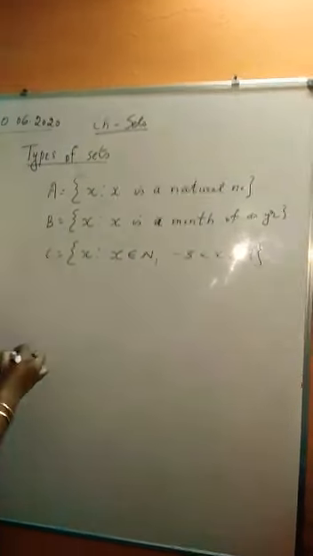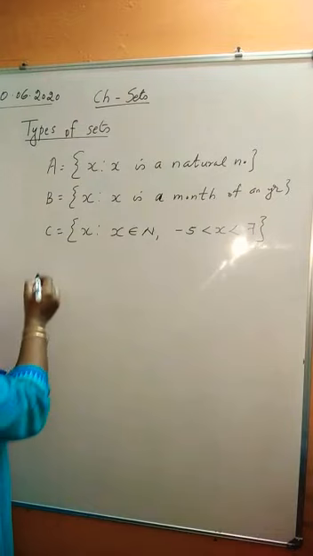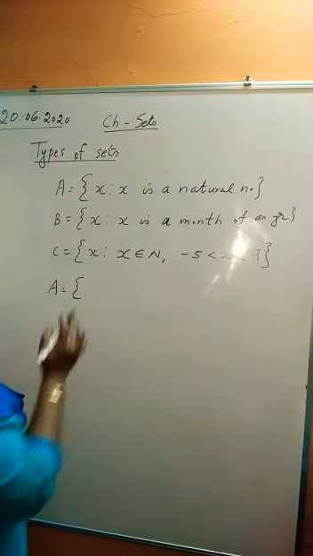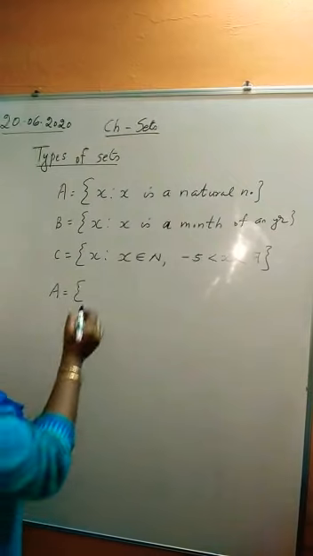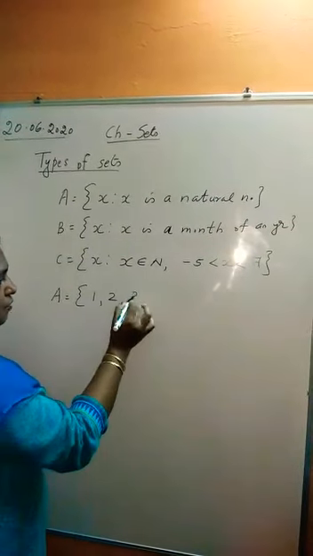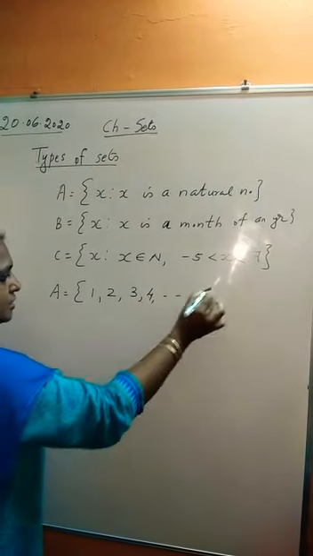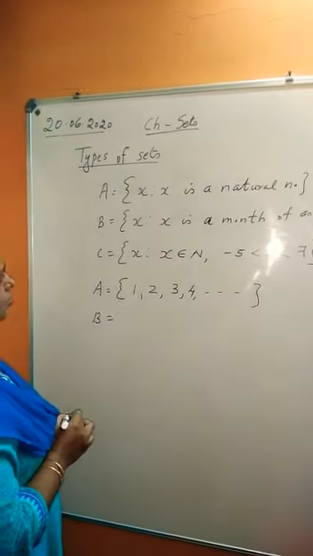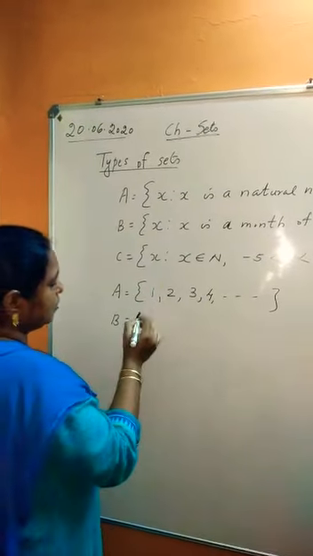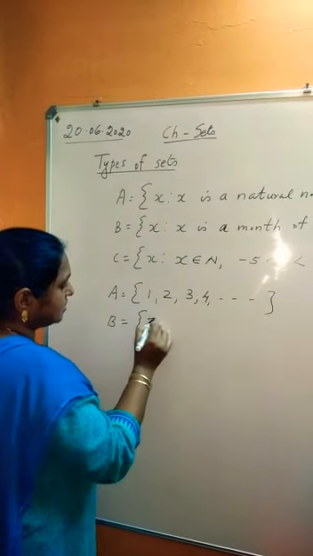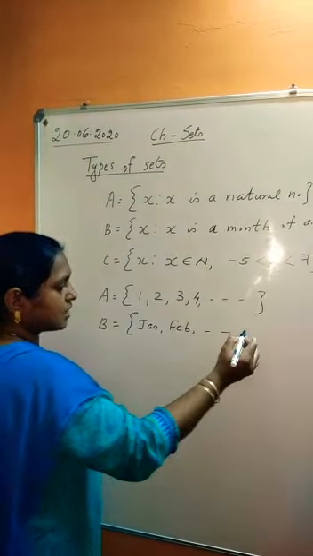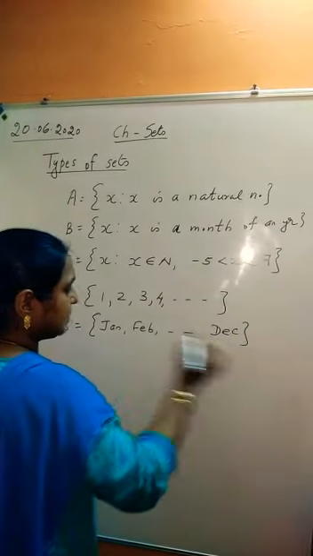So let us write these sets in the roster form. The corresponding roster form of A is the set of x such that x is a natural number. So which are the natural numbers? 1, 2, 3, 4, etc. In the second case, x is a month of a year, which means it starts from January, February, like that it goes, and the last month is December.